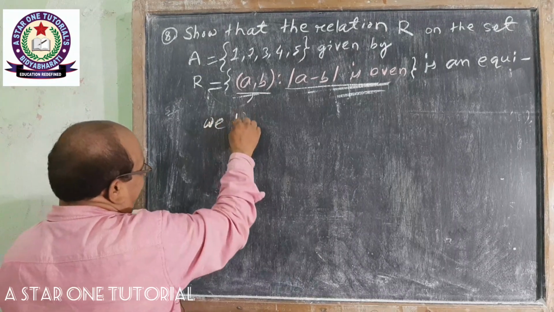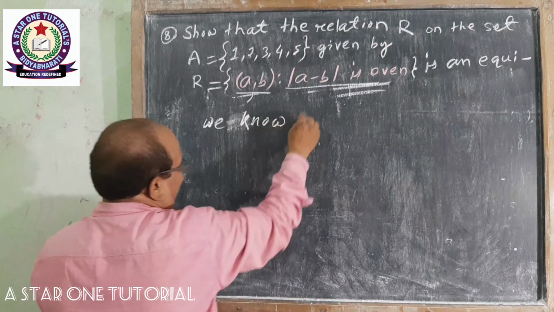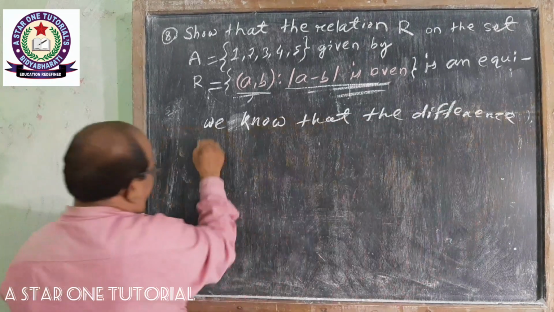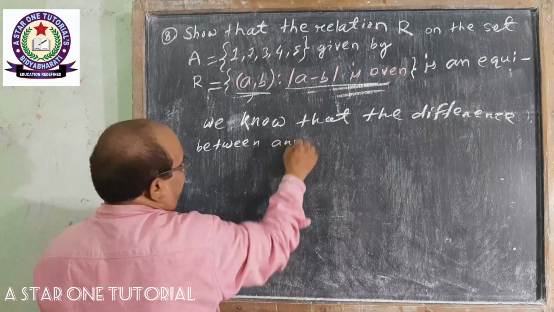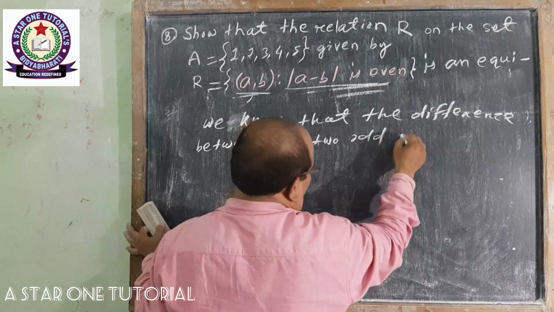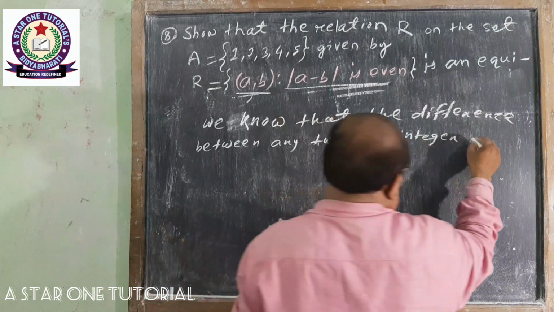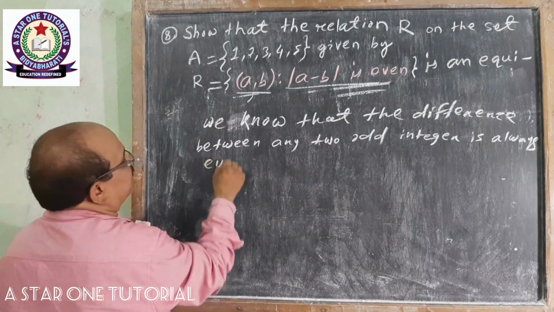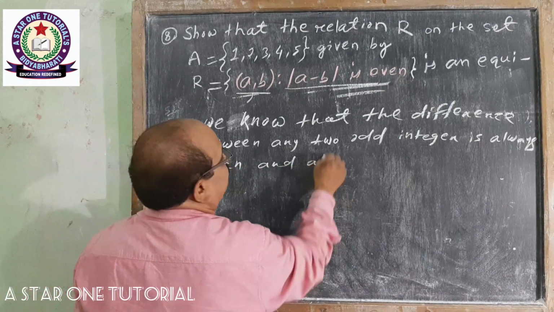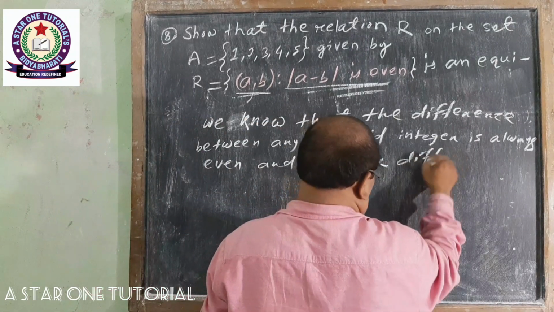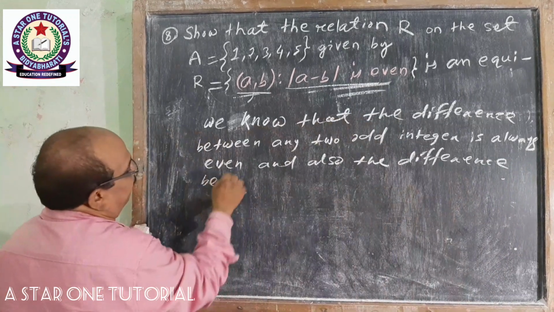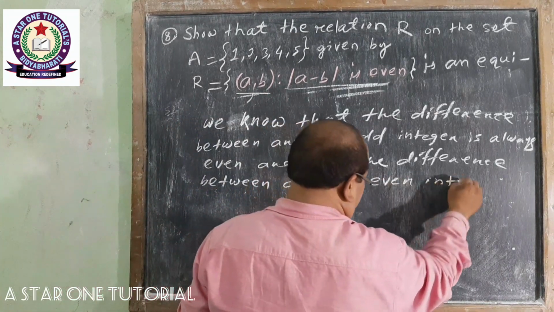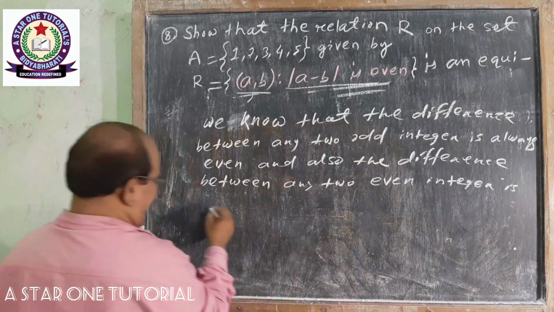We know that the difference between any two odd integers is always even, and also the difference between any two even integers is even.